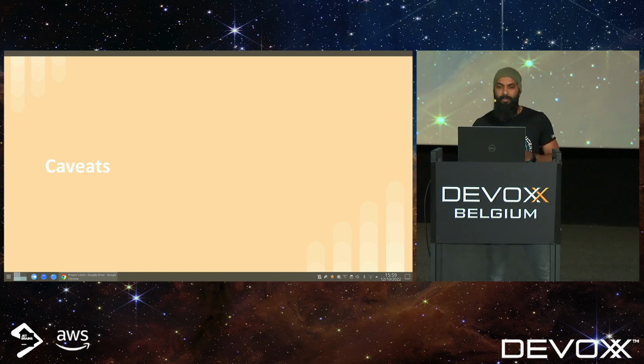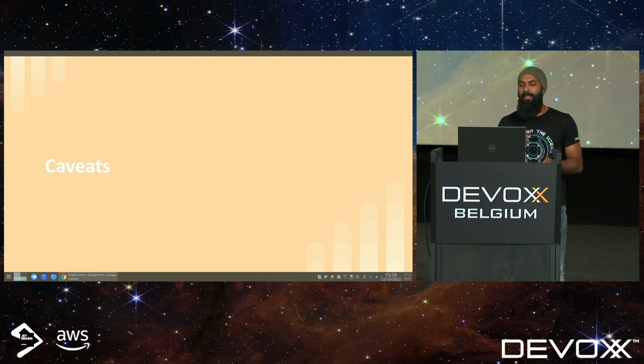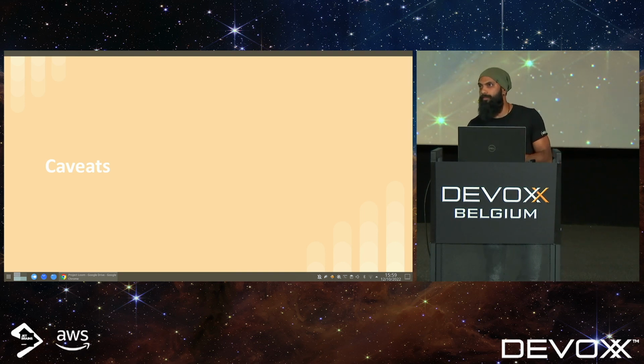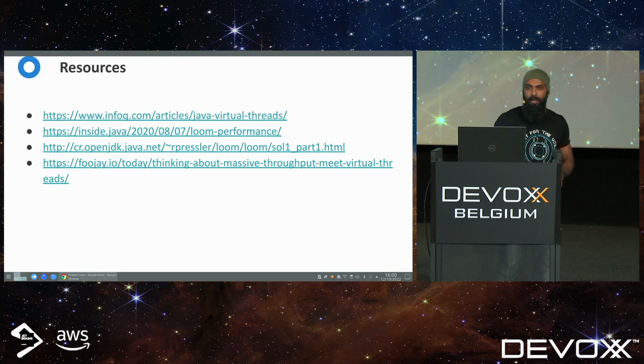There is already some chatter about debugging weirdness here and there, some edge cases. You are going to see those kinds of things, but that is until these are stabilized. That's to be expected from a preview and incubator feature, because that's the point of previews and incubators: to test, improve, iterate. Here are some more articles that I found quite interesting.